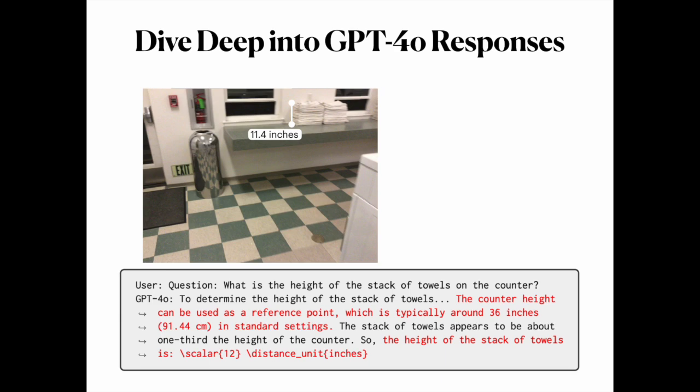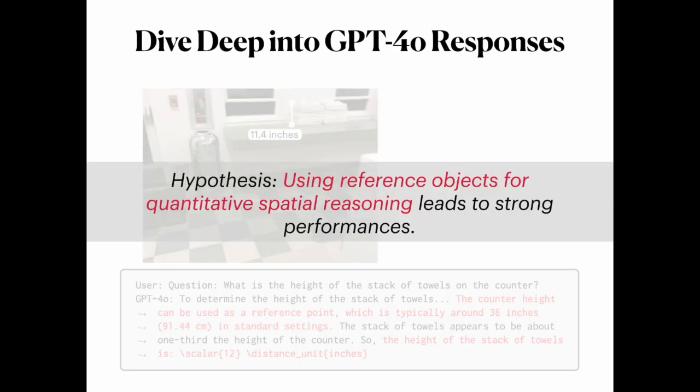We asked it to estimate the height of the stack of towels. Specifically, it uses the height of the counter as a reference to perform spatial reasoning. Note that the height of the counter is usually around the waist of the human body, so it's easier to estimate. We therefore have the following hypothesis: using reference objects for quantitative spatial reasoning leads to strong performances.